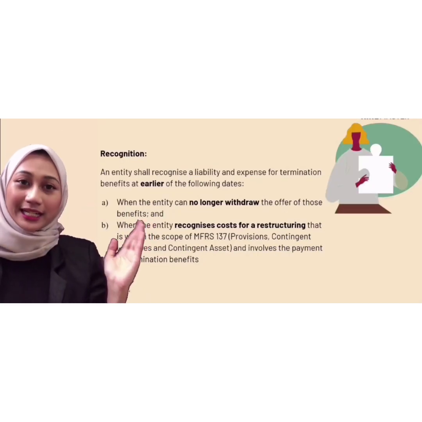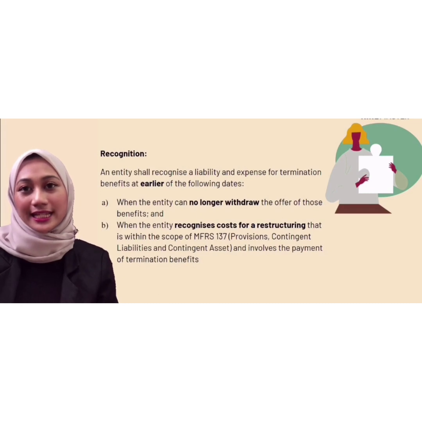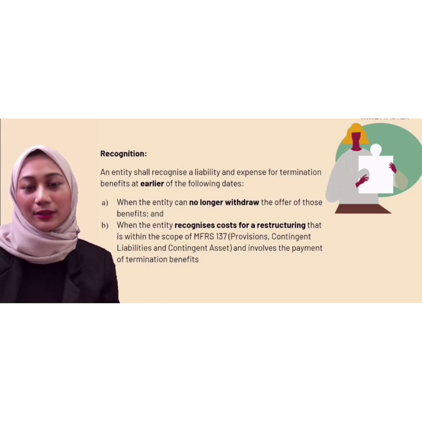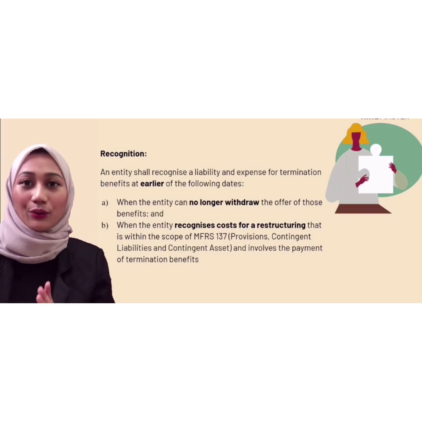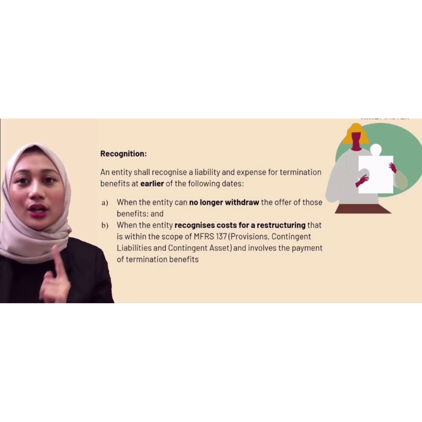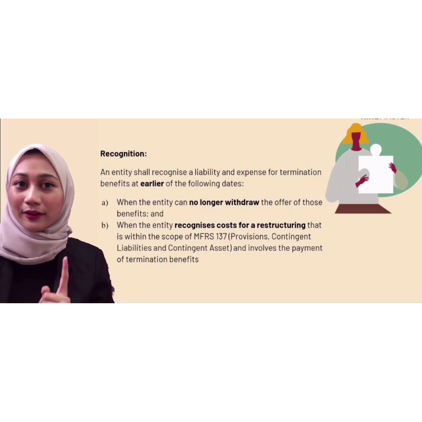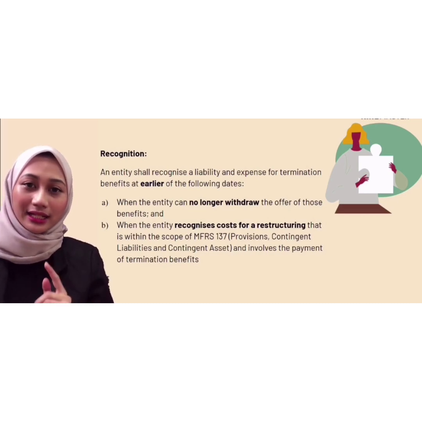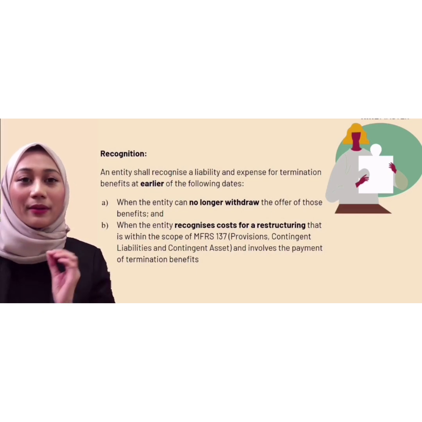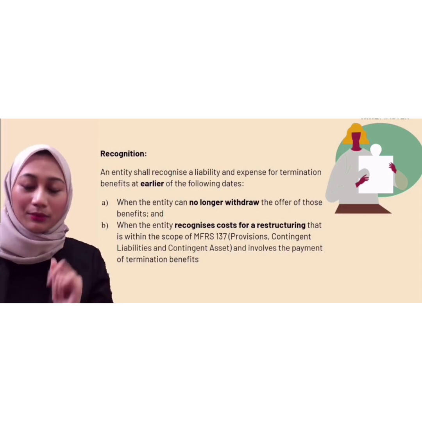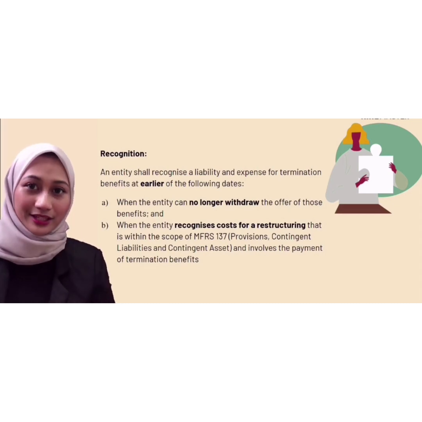Okay, for the recognition, an entity shall recognize a liability and expense for the termination benefit at the earlier of the following dates. A. When the entity can no longer withdraw the offer of those benefits, which means it is a liability. And B. When the entity recognizes cost for a restructuring that is within the scope of MFRS 137 and involves payment of the termination benefit, which means it is an expense.